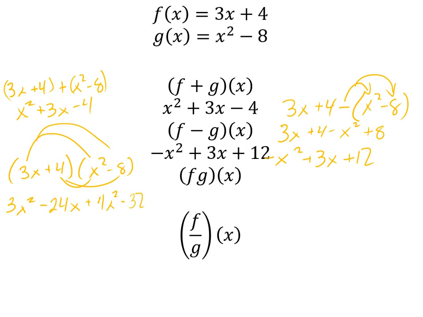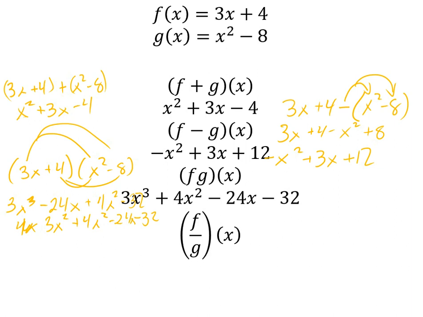And then you would order this in a way so that it works out. So it would be 3x cubed plus 4x squared minus 24x minus 32.